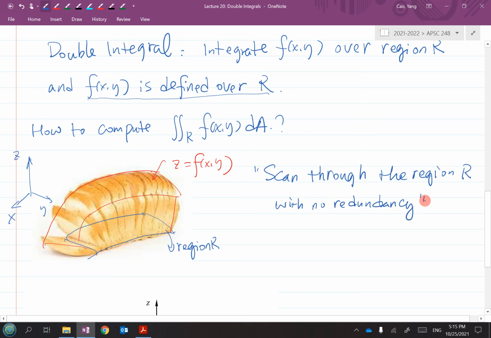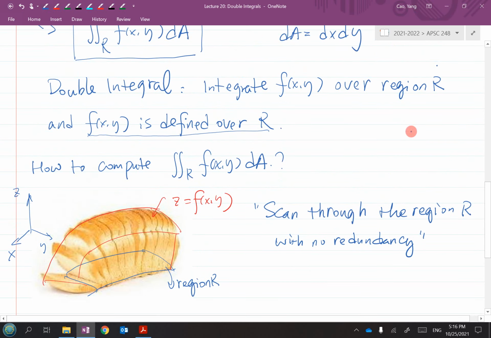Here's the general approach we're going to use: how you can scan through, and at the same time, we're not scanning it twice, we're not scanning it with redundancy. So scanning it with no redundancy, that's what we call integrating over this region R. So what do we mean by integrating a certain function over that region R?